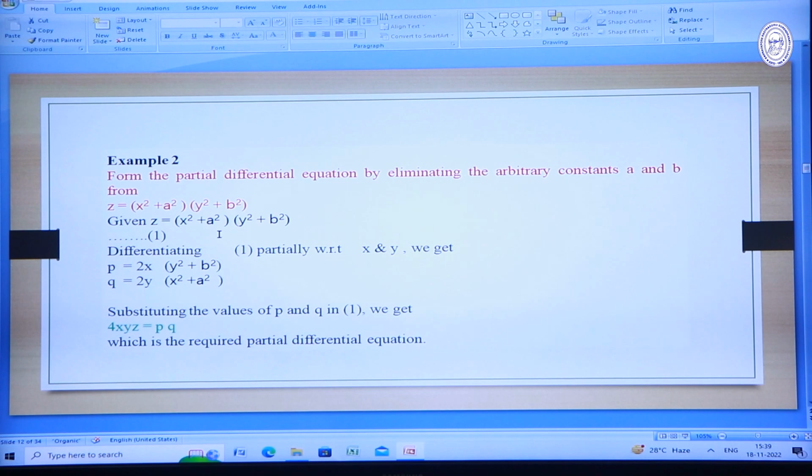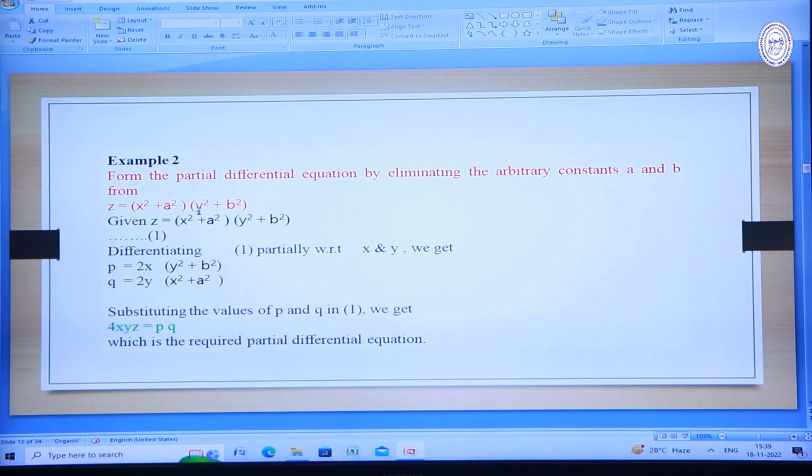Example 2: form the partial differential equation by eliminating the arbitrary constants a and b from z equal to x square plus a square into y square plus b square. This is an equation with arbitrary constants a and b.